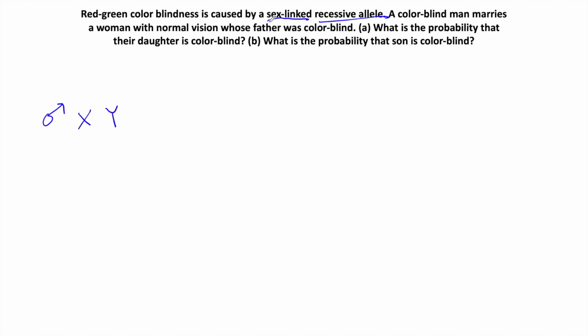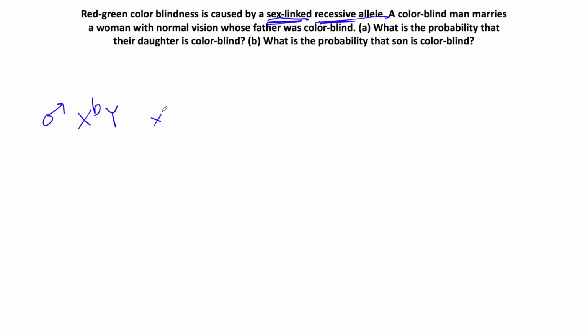And since this is sex-linked, I need to keep track of the sex chromosomes. And it says he's colorblind, and colorblindness is recessive, on the X chromosome. So that means he would be X, let's say, little b, Y. Now, importantly, this gene is not on the Y, it's only on the X. Okay, so that's a colorblind man.